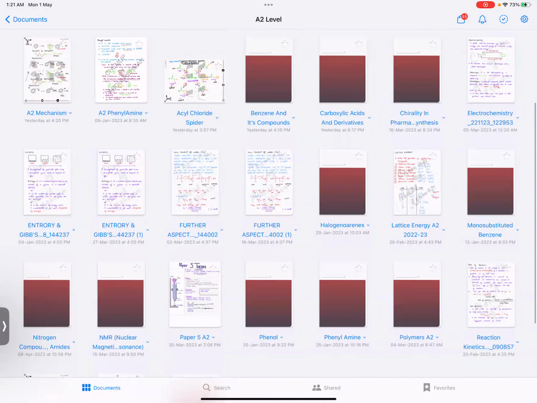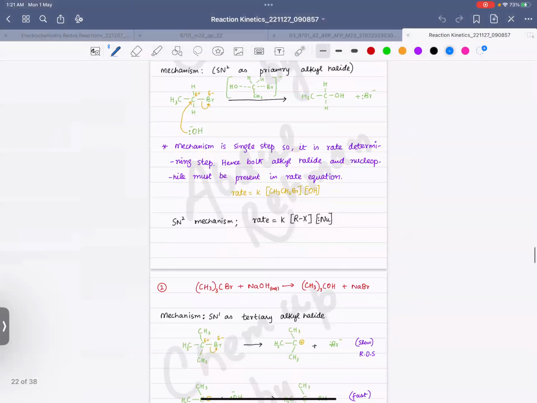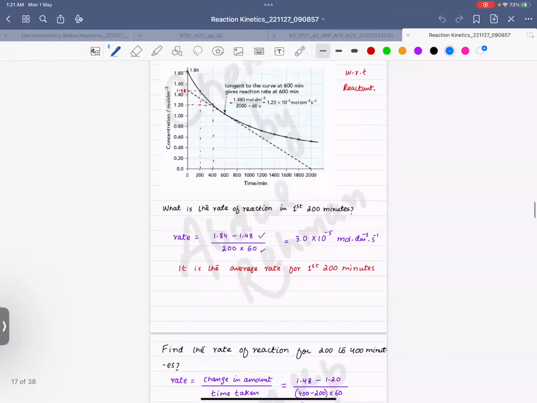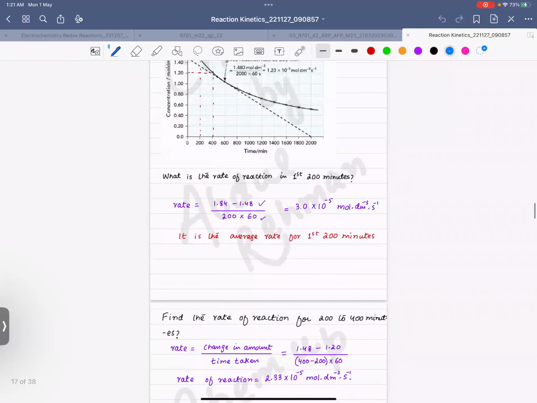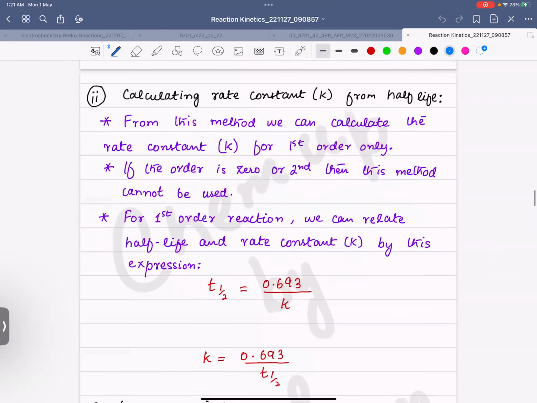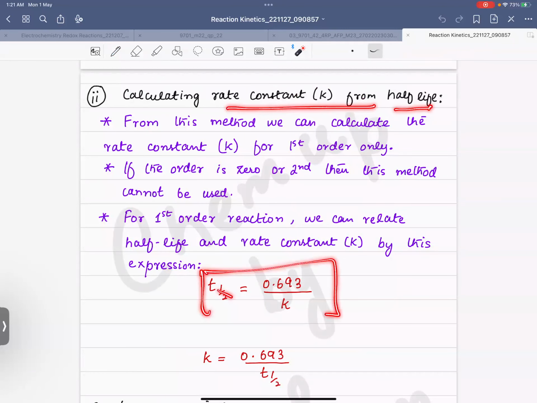Where is reaction kinetics? See over here, for rate constant from half-life, we would use this expression for the first order reaction.